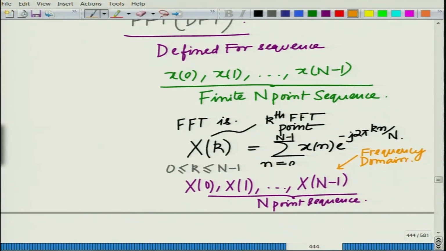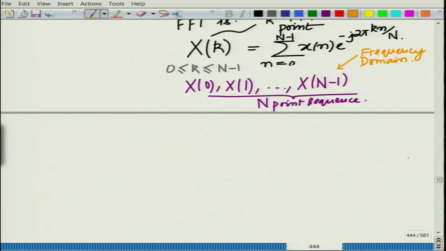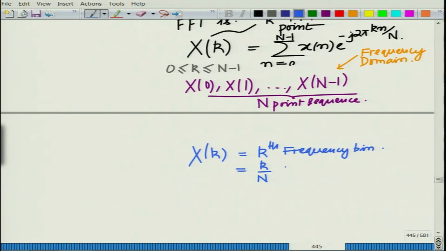This is in the frequency domain, and X of k corresponds to, as I said, the kth FFT point. This corresponds to the kth frequency bin with normalized frequency, that is k by N. This is the normalized frequency, right.